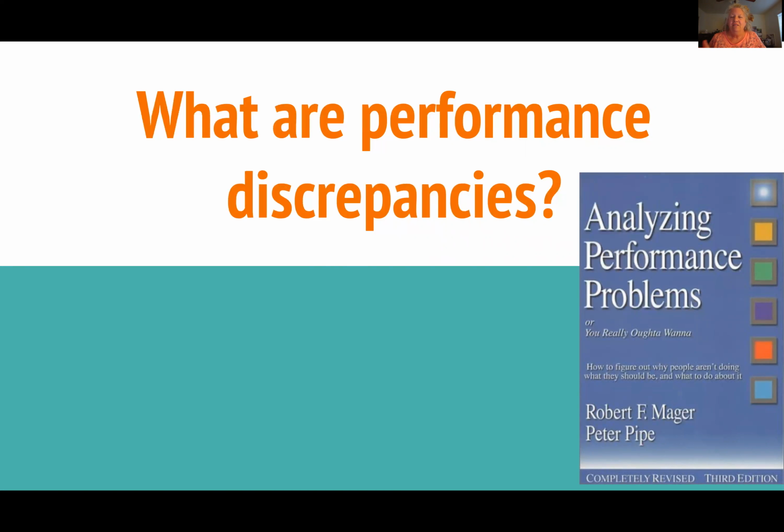And so this author, Mager and Pipe, wrote this series of books on performance problems. And I read all 4 books. It was one of the courses I took in my master's degree program. And it was very enlightening as to finding out why people don't perform to their optimum.